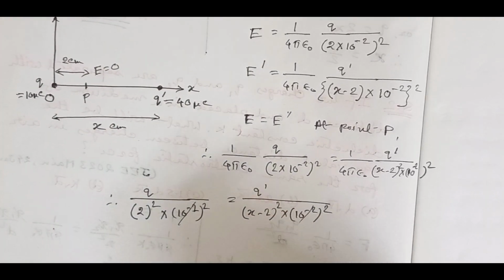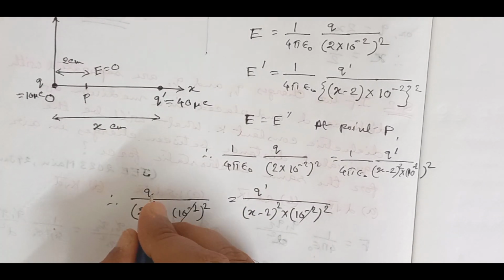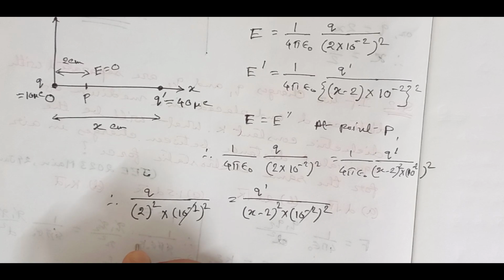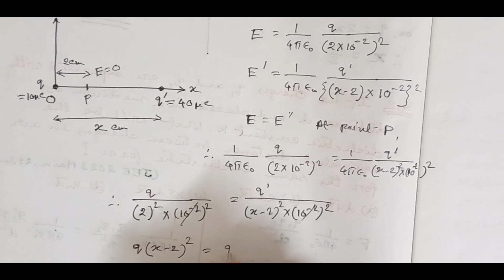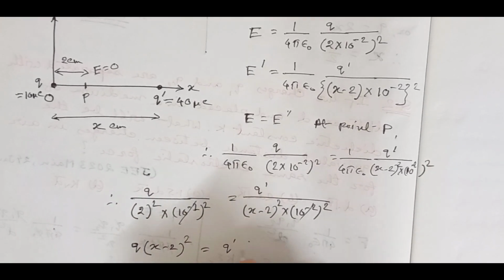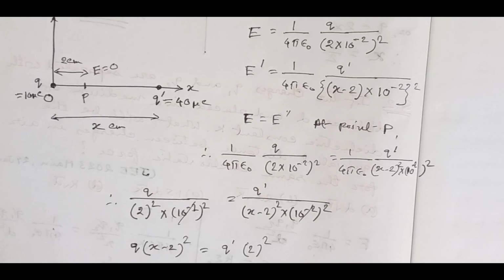These two will be cancelled out, and for this case q into x minus 2 whole square is equal to q prime into 2 whole square.